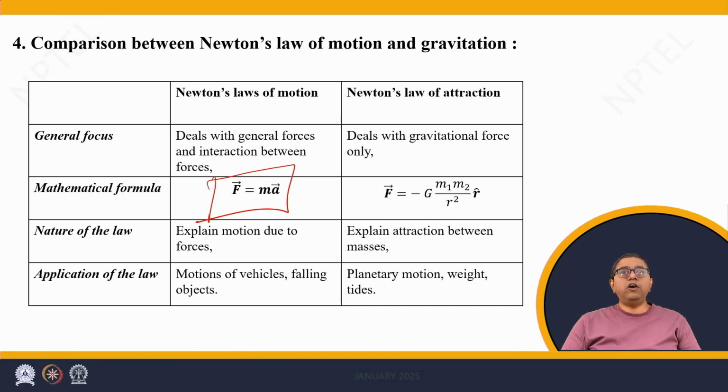The applicability of Newton's laws of motion is vast. It governs the motions of vehicles, falling objects, any macroscopic object undergoing classical mechanics. The Newton's law of attraction governs the motion of planets, weight, tides, etc.